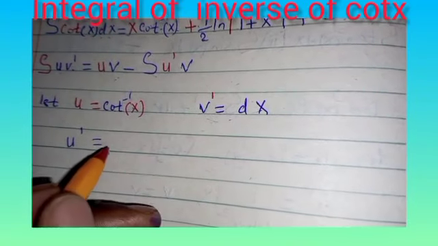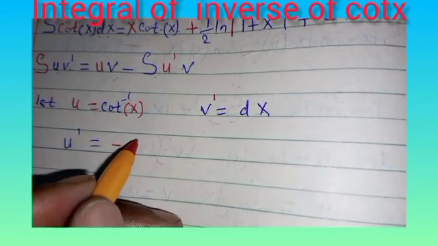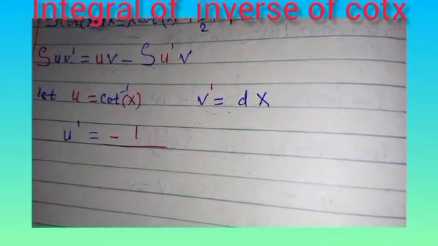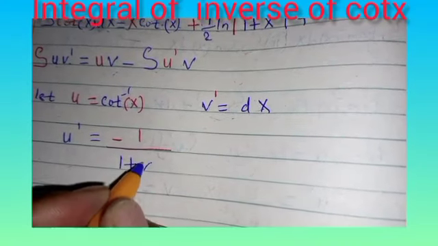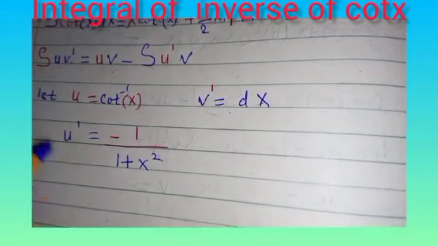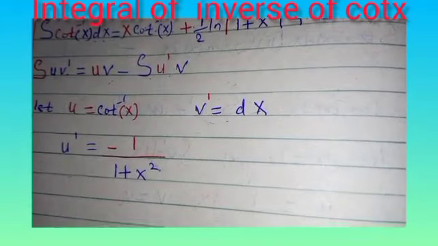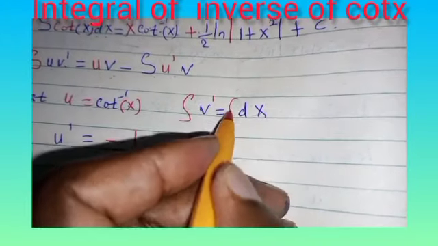If you can check in my YouTube channel, I have shown you how to differentiate cot inverse of x. The result here is negative 1 over 1 plus x squared. So we have got our u prime. Then, to get our v, we are going to integrate both sides.